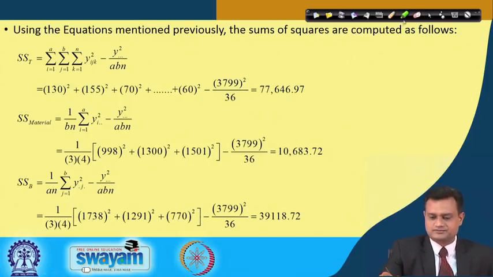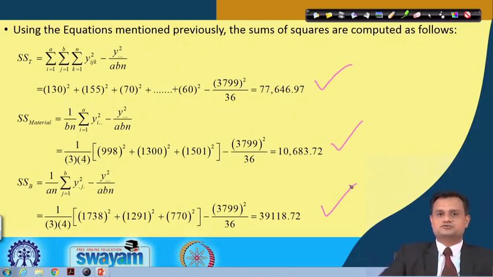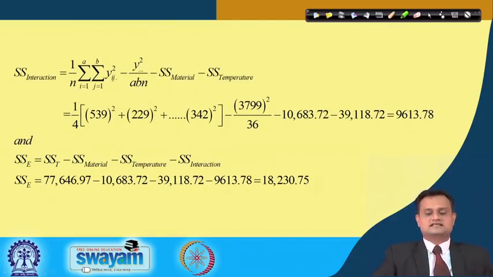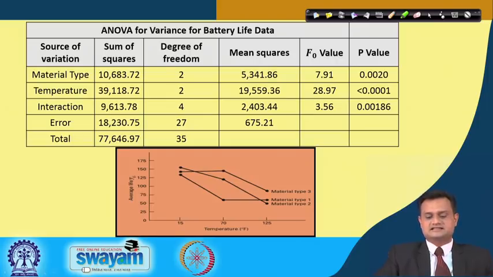Now you have the expression, so just plug in the values, you will get SST, SS material, then you have SSB, that is your temperature, that is the other factor, and when you do this you have SS interaction. So typically you will have results like this.